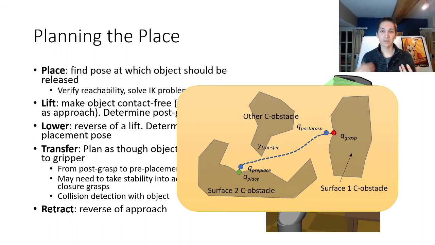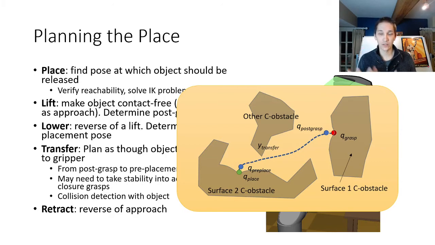So if you want to think about what this looks like in C space, we start from a grasping configuration, and note that these obstacles look different. If you want to rewind a little bit and take a look at those other C obstacles, you'll notice that these are different. That's because we no longer have to worry about making collisions with the object and our gripper, but the object is held and we don't want to run the object into obstacles in the environment.